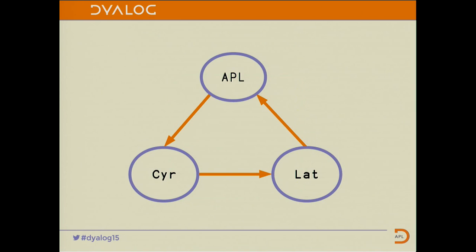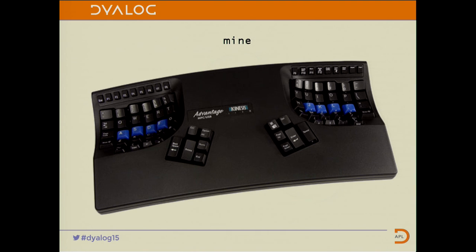So these three. Since the three layouts are arranged in cyclical order, when I'm at Latin, holding down the latching key takes me temporarily to APL, but when I'm at Cyrillic, it takes me temporarily to Latin, which doesn't make an awful lot of sense. But it's not a huge pain, to be honest. By the way, I've been using one of those ergonomic keyboards happily for a few months now.